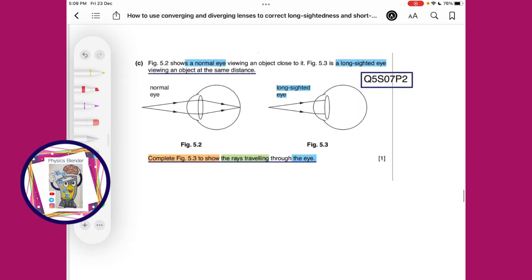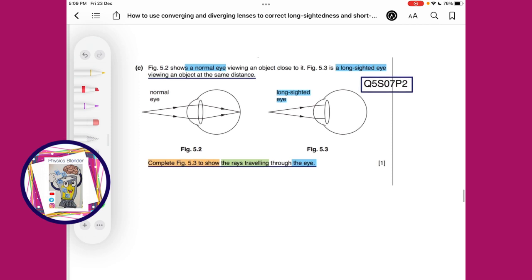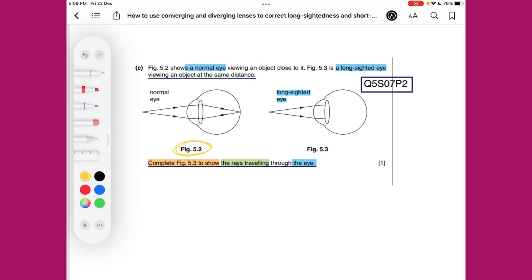Okay, this question is very important. We have a normal eye shown in figure 5.2, but we have a long-sighted eye viewing an object at the same distance in figure 5.3. Can you complete the light rays traveling through the eye in figure 5.3? Yes, we can do this.